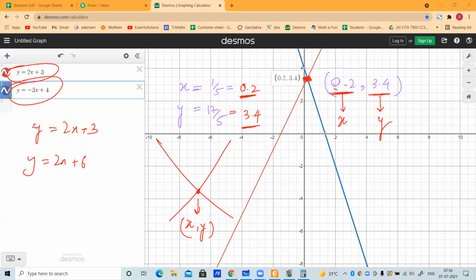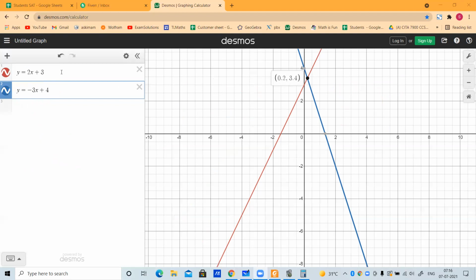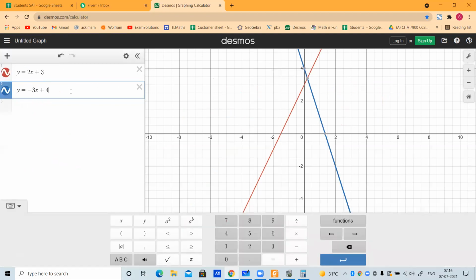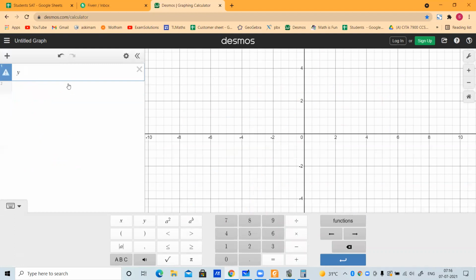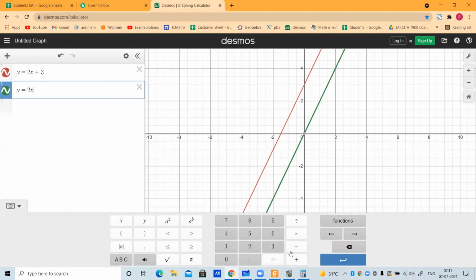I'll make them first. Y equals 2x plus 3 and y equals 2x plus 6.